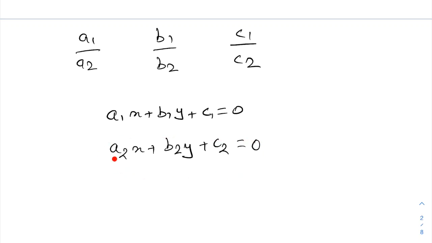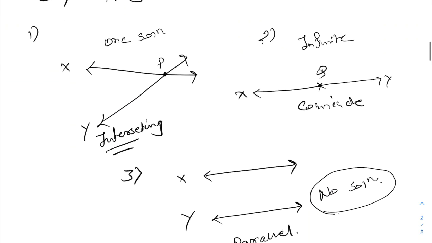Okay, now from this we can get the value of a1 upon a2, b1 upon b2 and c1 upon c2. But how to decide how many solutions are possible? Just like we have seen graphically, we can decide whether one solution is possible, infinite solutions are possible, or no solution is possible.